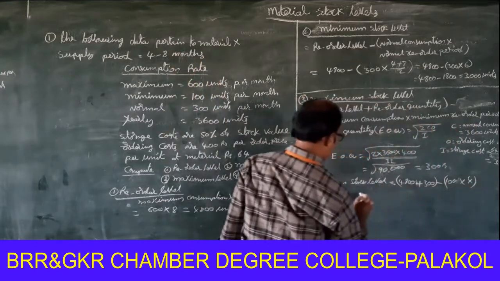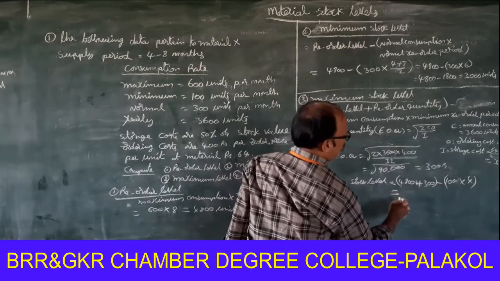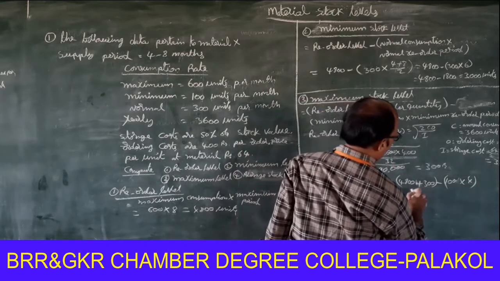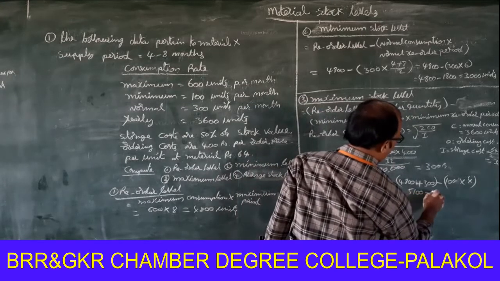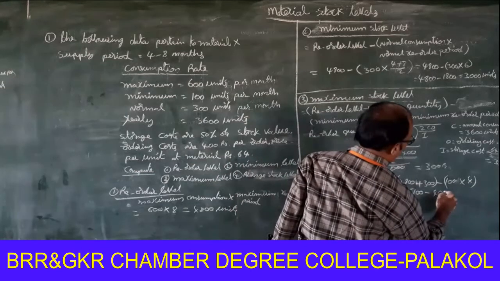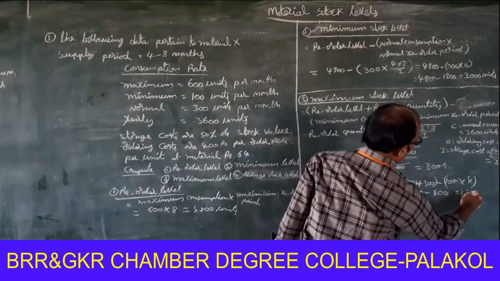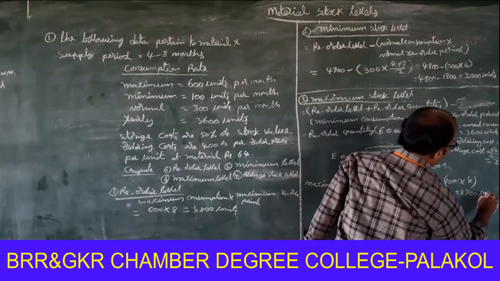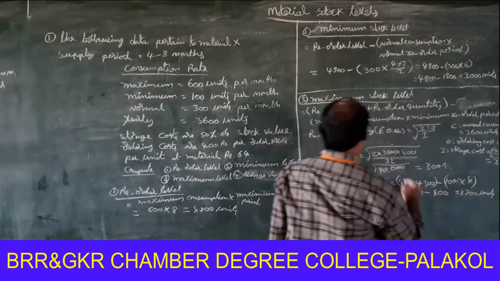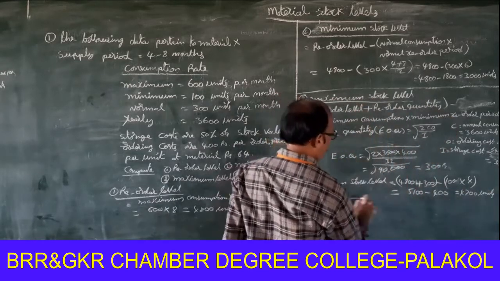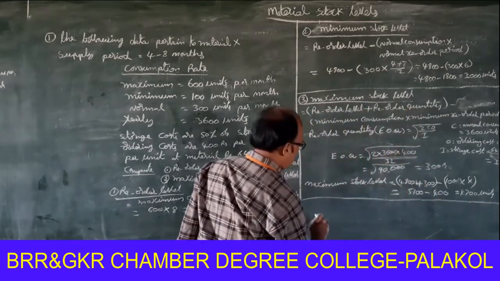That is equal to 5100 minus 400, that is equal to 4700 units. This is to be treated as maximum stock level.